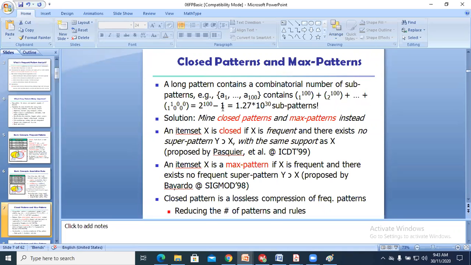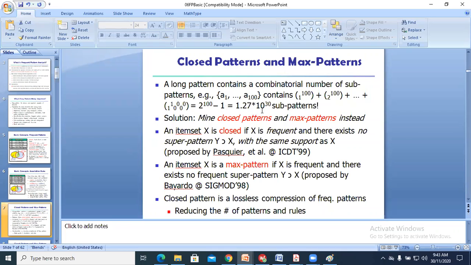So there is a large number of patterns which are extracted from the purchases. It may be 2 raised to power 100 minus 1, a very large number. So we cannot mine the frequent pattern.